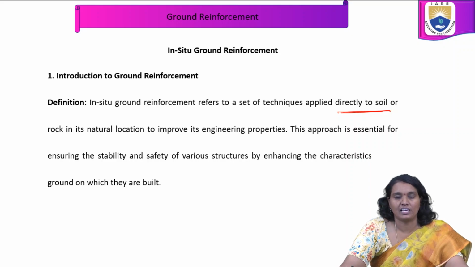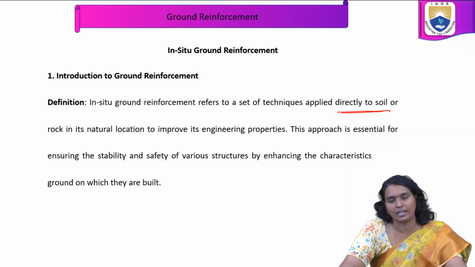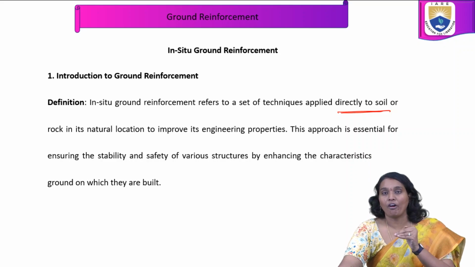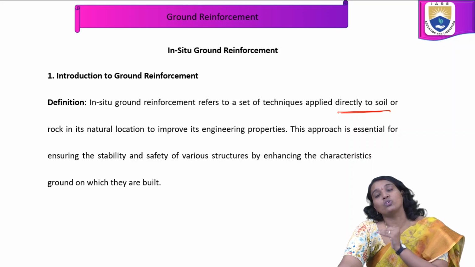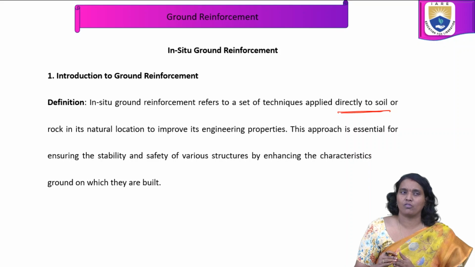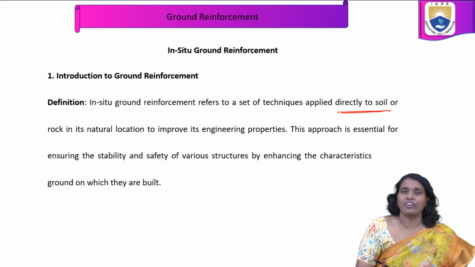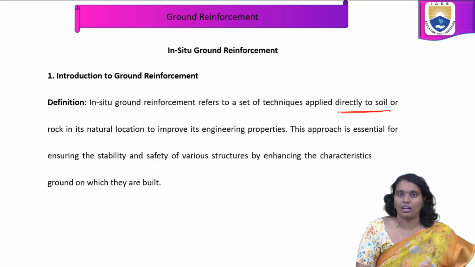This approach is essential for ensuring the stability and safety of various structures by enhancing the characteristics of the ground on which they are going to be built. Depending on the type of construction work and what is required, we make adjustments and modifications to the soil or ground.